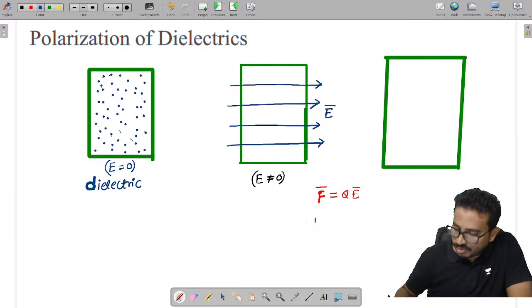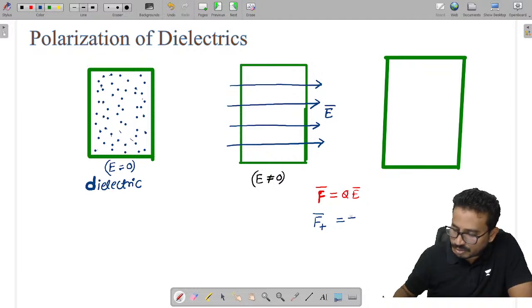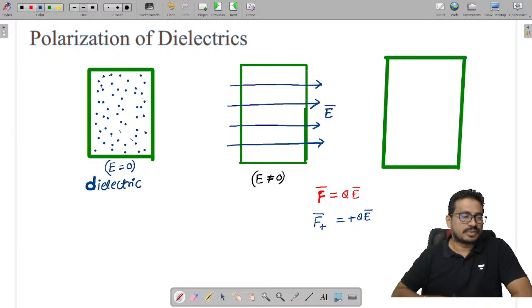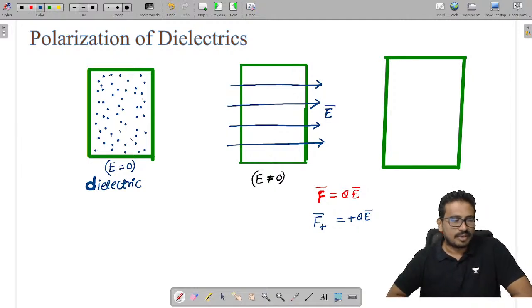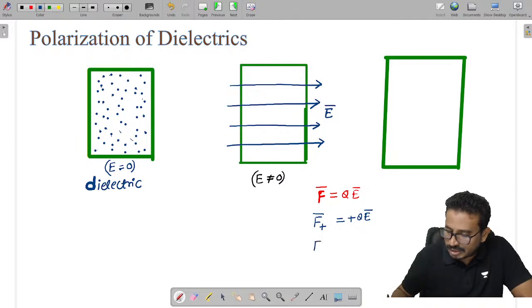Now what is the force acting on positive charges? For positive charges Q is positive, so the force acts along the direction of the electric field. What is the force on negative charges?